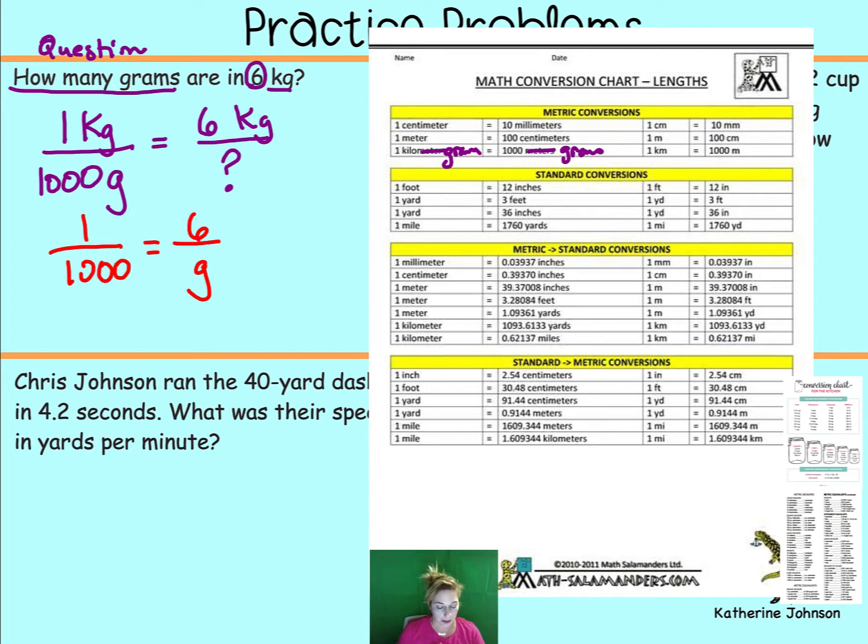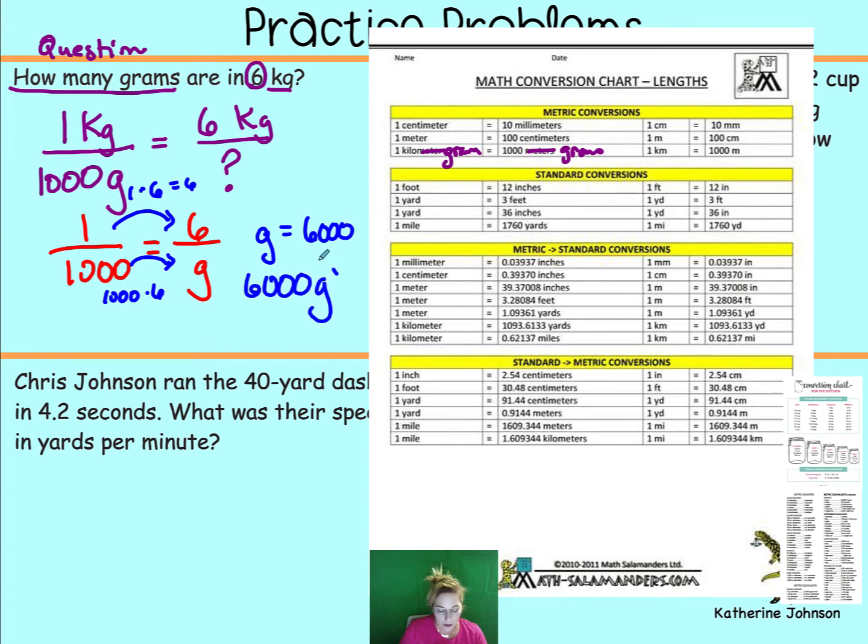So I'm going to go the other way, because I'm going from a known to a variable. So that would be 1 times 6 equals 6. So I know I need to do 1,000 times 6 to get G. If I do 1,000 times 6, I get that grams is 6,000. So my answer is 6,000 grams.